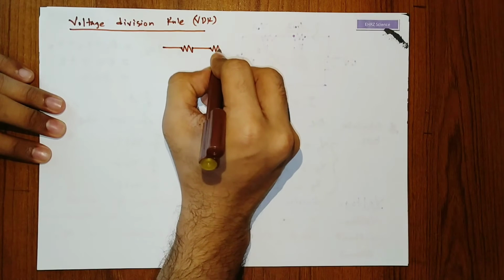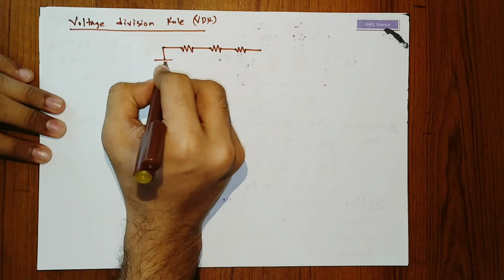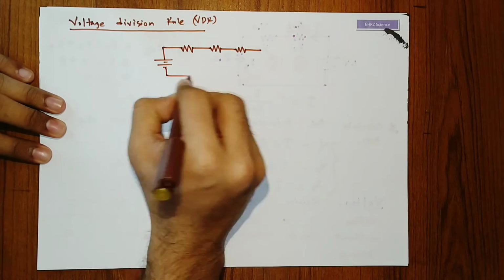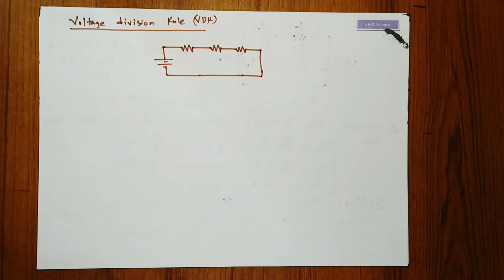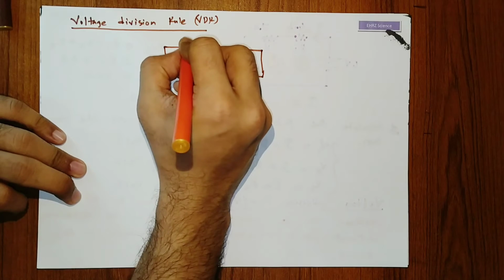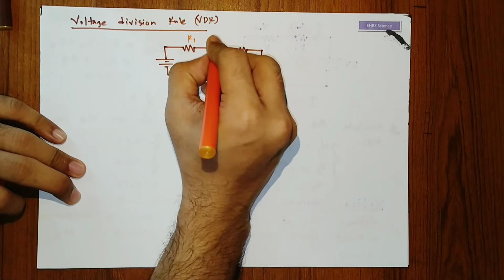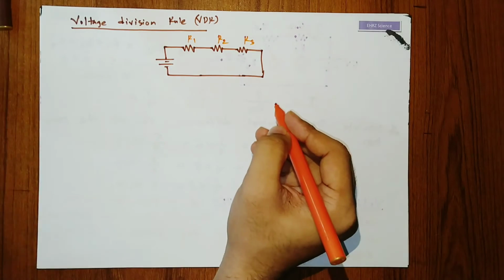Suppose the value of this resistor is R1, the value of this resistor is R2, and the value of this resistor is R3.